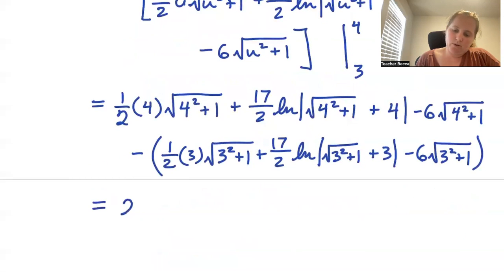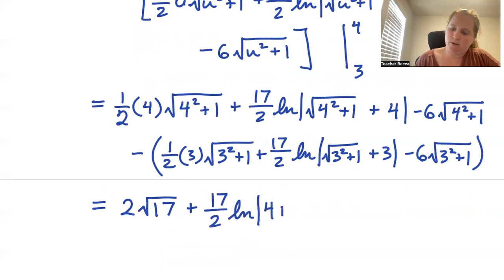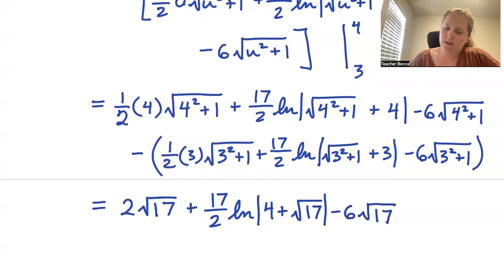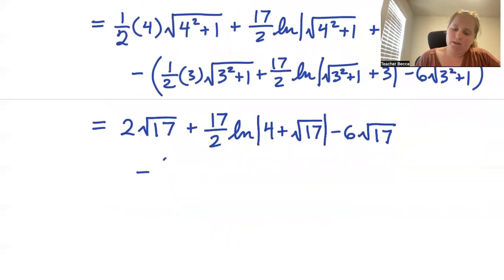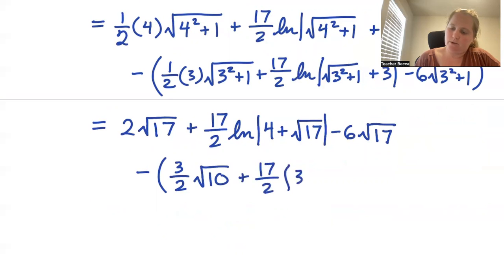This becomes 2 times the square root of 17 plus 17/2 times the natural log of 4 plus the square root of 17 minus 6 times the square root of 17 minus, in parentheses, 3/2 times the square root of 10 plus 17/2 times the natural log of 3 plus the square root of 10 minus 6 root 10.